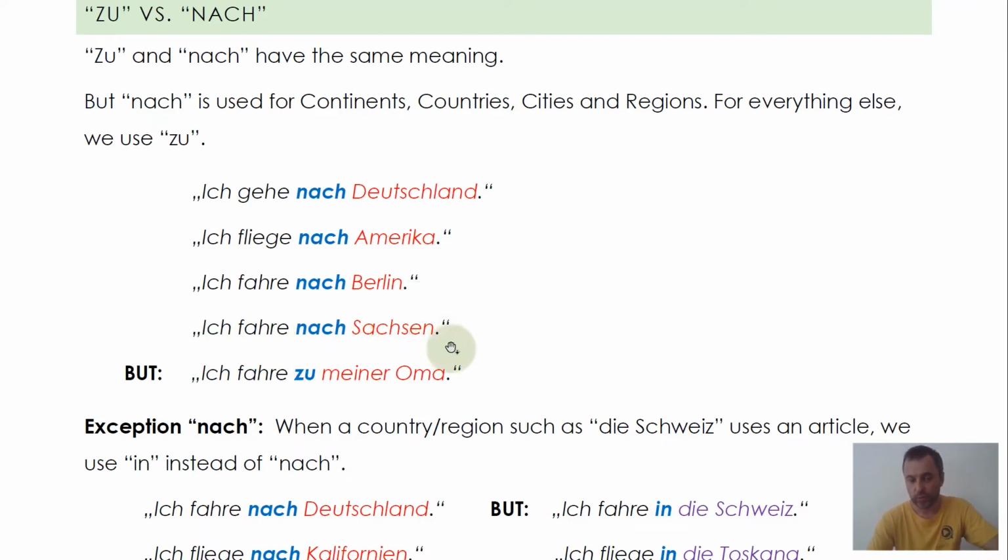Ich fahre zu meiner Oma. I drive to my grandma. Here, it's zu, because my grandma is not a continent, country, city, or region, and we are not going inside her, right? We're just going to her house somewhere.